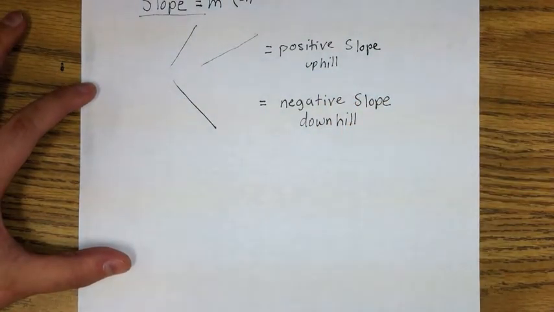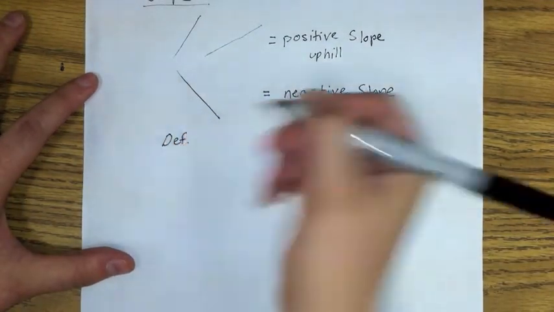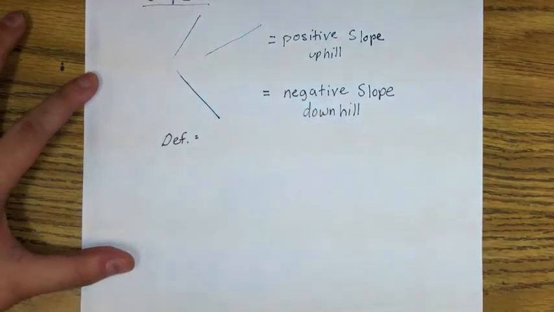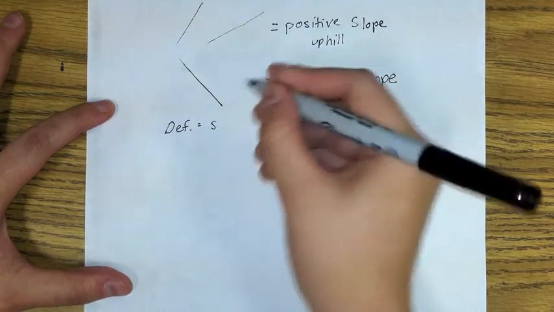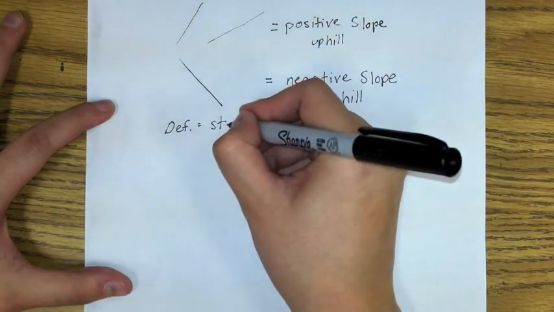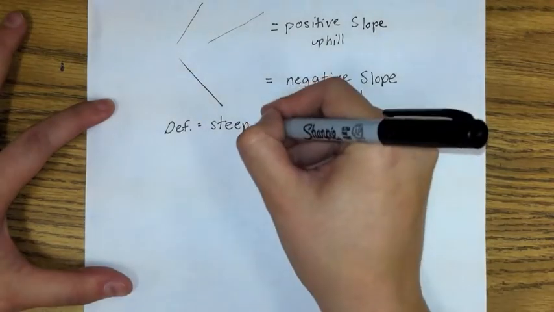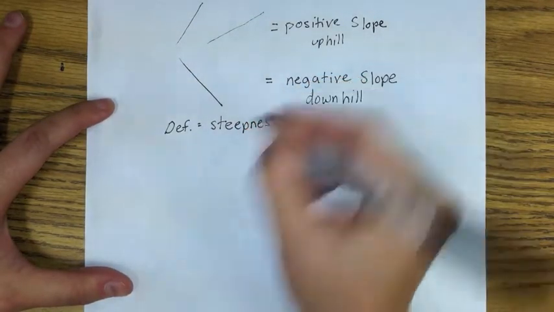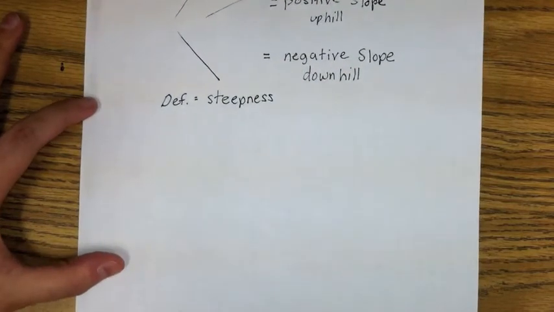If you wanted to put a definition for this, we're just going to say, for right now, we're going to get specific here in a minute, but think about steepness. All right, let's look at a coordinate plane.